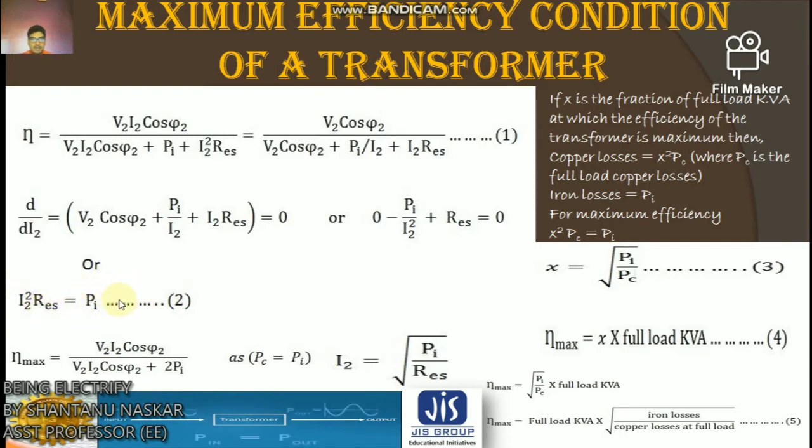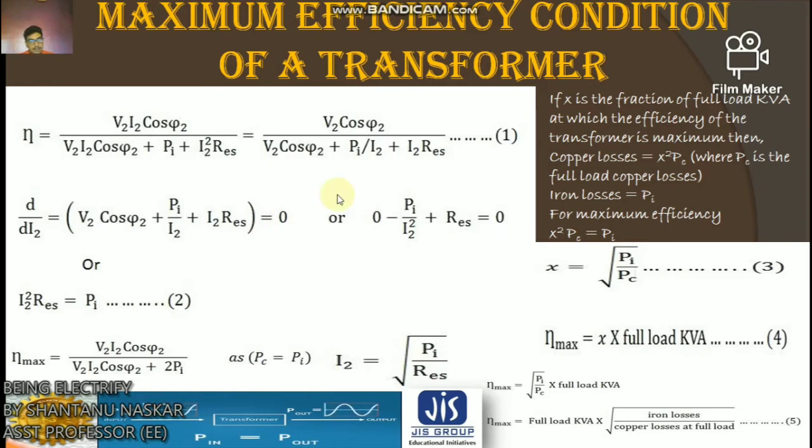Thus the transformer will give the maximum efficiency when its copper loss equals its iron loss. This is the conclusion of the maximum efficiency condition of a transformer: iron loss should equal copper loss.